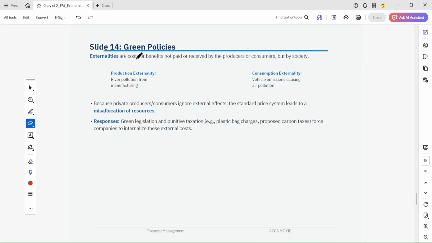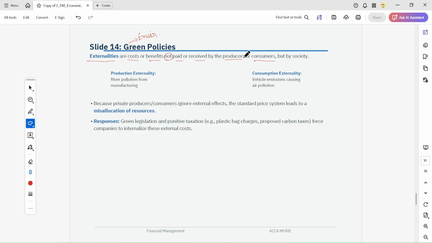Green policy means it is related to the environment. So with green policies, the government makes policies to protect the environment. In this we will understand externalities. Externalities are the cost or the benefit that is not paid or received by the producer or the consumer.